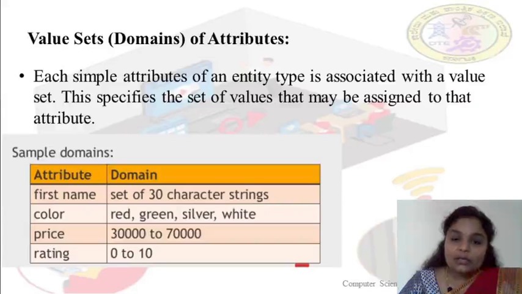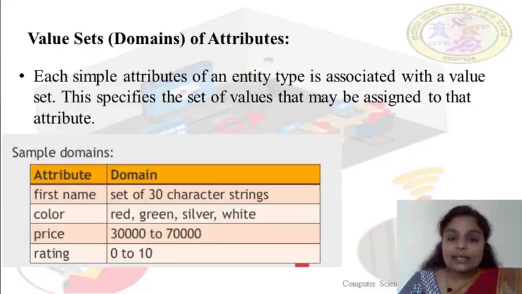A doubt may arise: blue, is it not a color? Blue is a color, but in the table or database we are designing, we are concentrating only on 4 colors, that is red, green, silver and white. That is the meaning. The color attribute can take only 4 values.